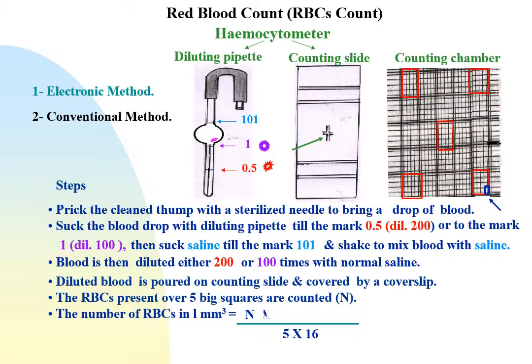Then by multiplying this number by 4,000, then by the dilution, we get the number of RBCs present in 1 cubic millimeter.